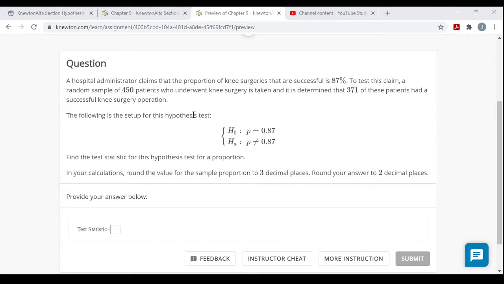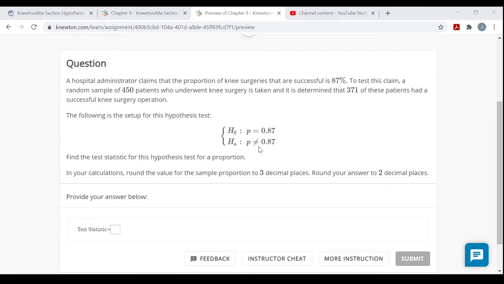Now they go through the setup here for the hypotheses. The claim is that the proportion of all knee surgeries that are successful is 87%. So if P is the proportion of knee surgeries that are successful in the entire population, the claim is that P equals 0.87, which is the null hypothesis.